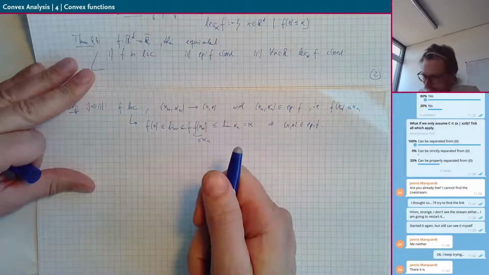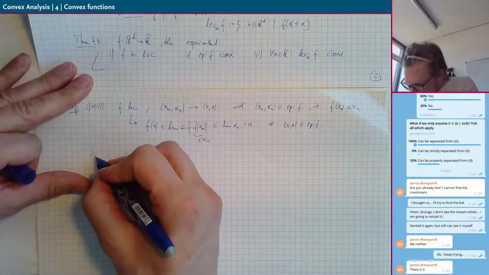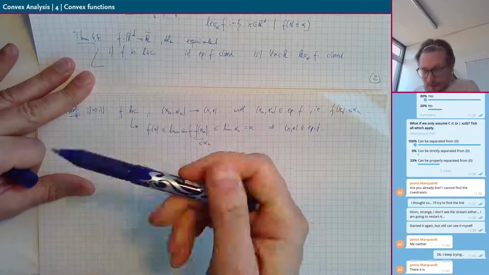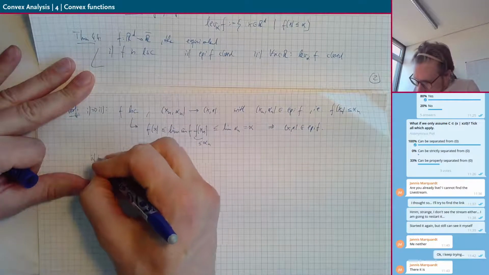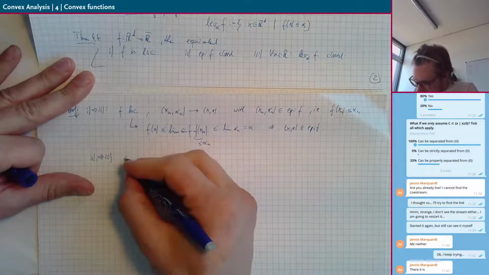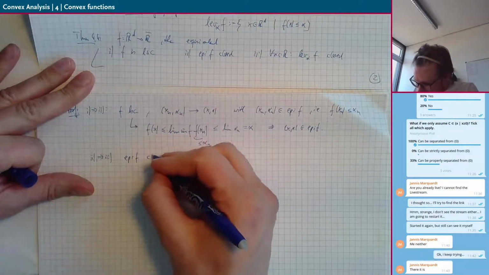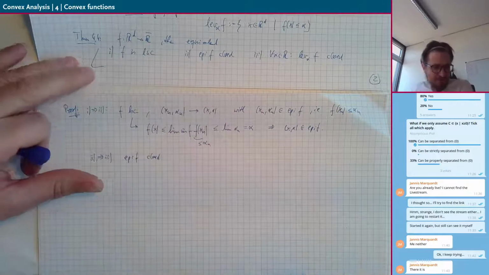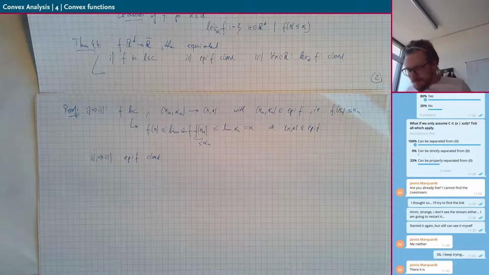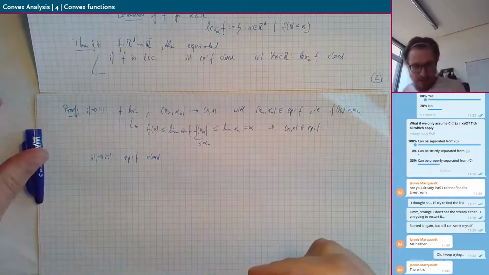Okay, 2 implies 3. So the epigraph is assumed to be closed, and we want to show that the level sets are also closed.